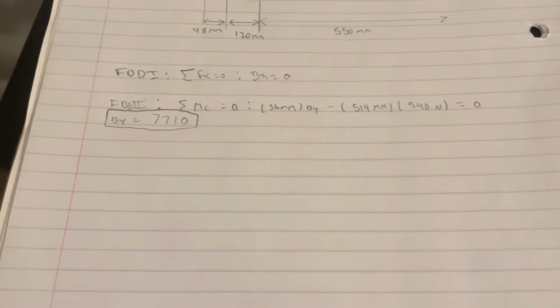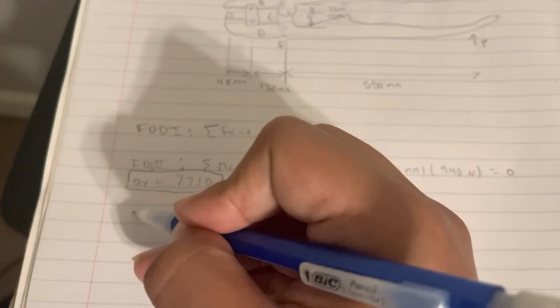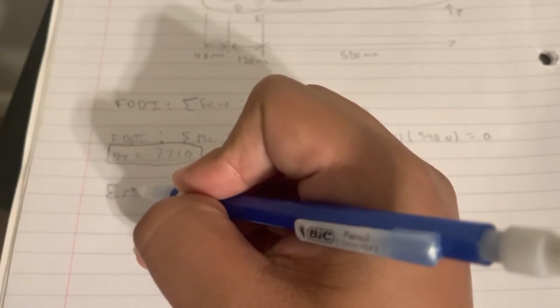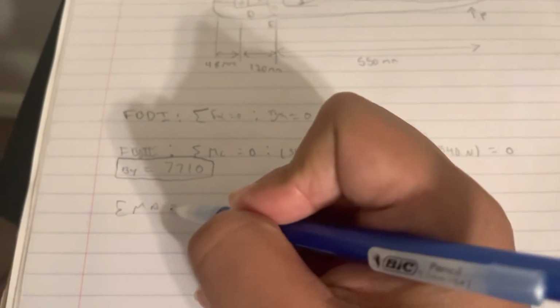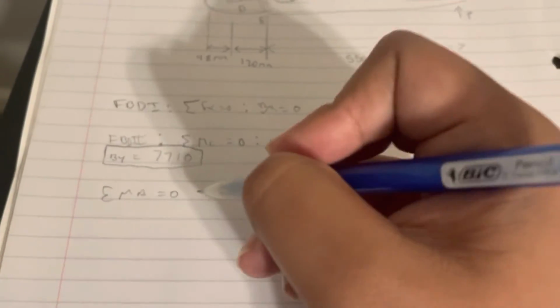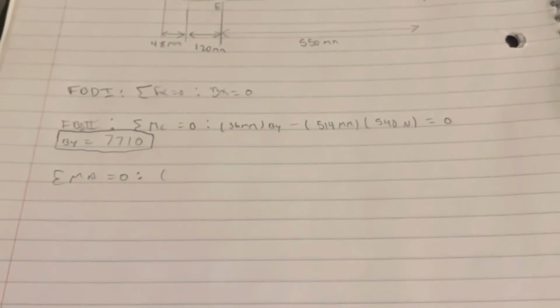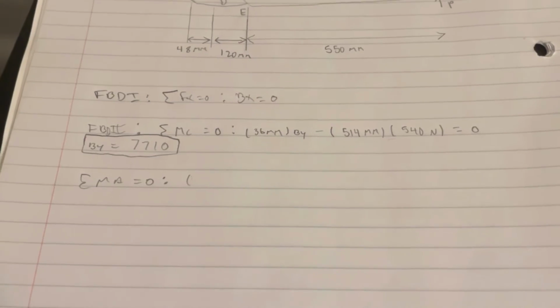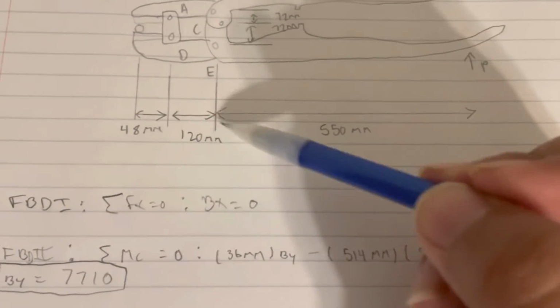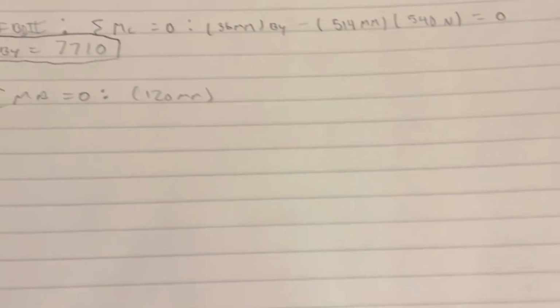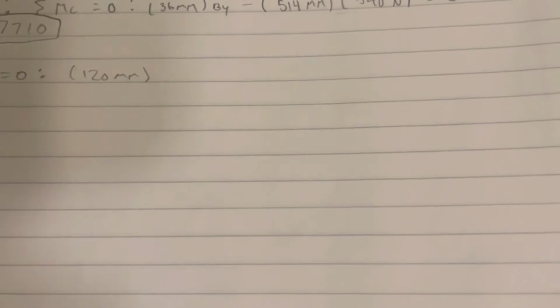By finding the magnitude of the force, we go sum of MA equals 0, and then that. So the sum of the force, we will use the 120 that's right here. So we go 120 millimeters, then we close that, and then we still use our BY right here.